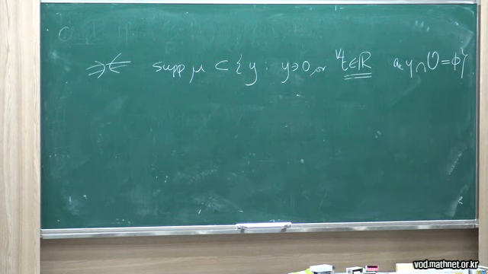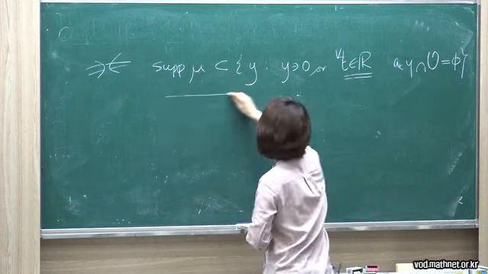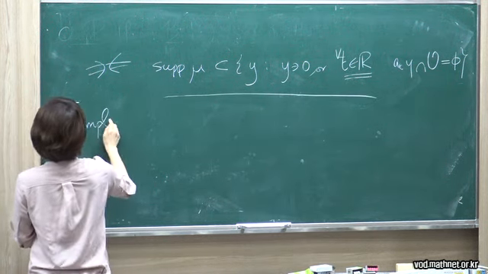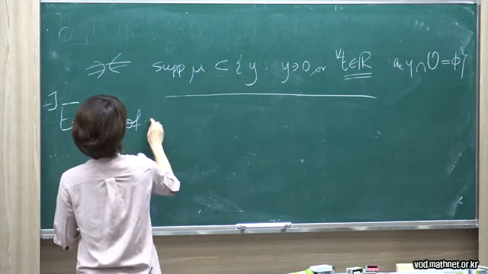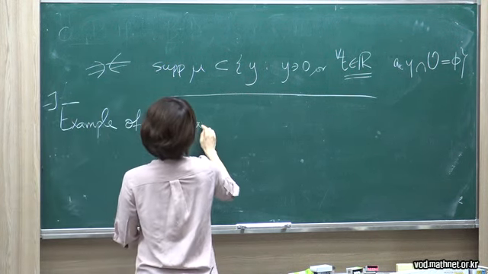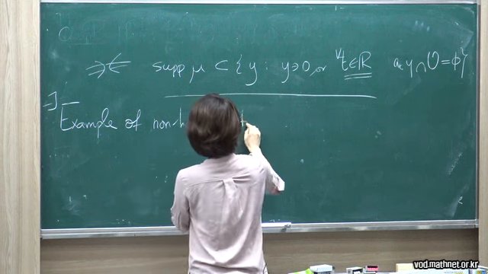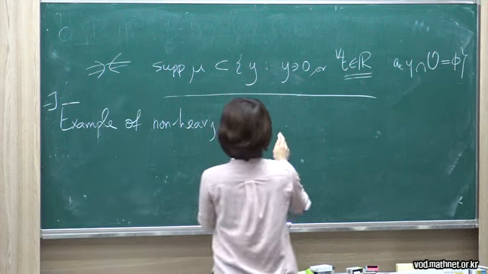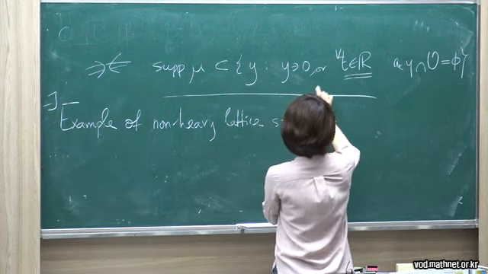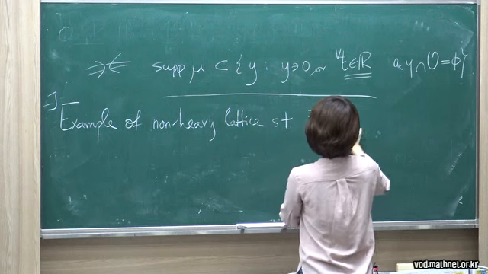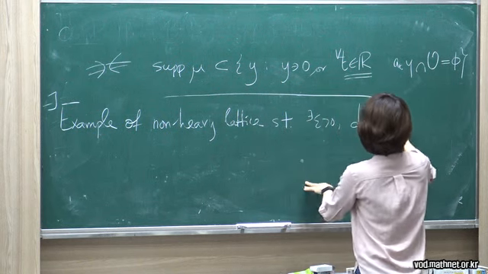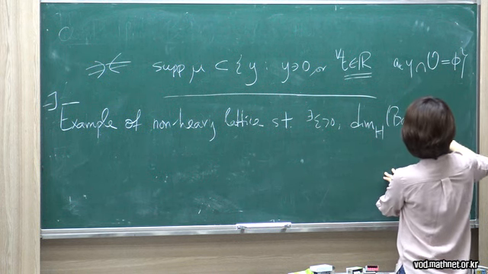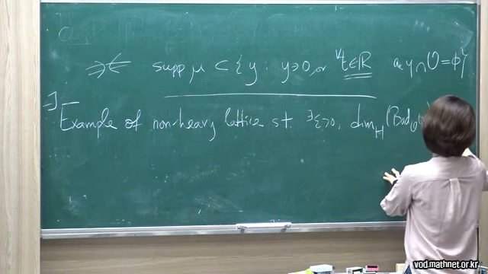And the last thing I want to say is that we also have an example. This is an example of a non-heavy lattice, non-singular in some sense, such that for some epsilon, the Hausdorff dimension of the bad grids, let's say for X, is full.